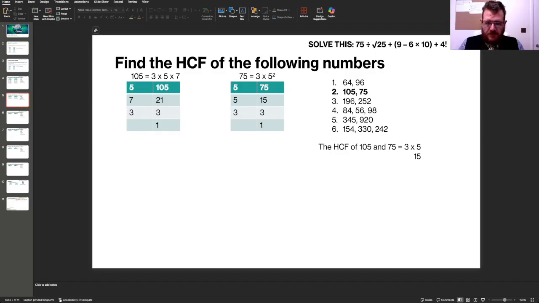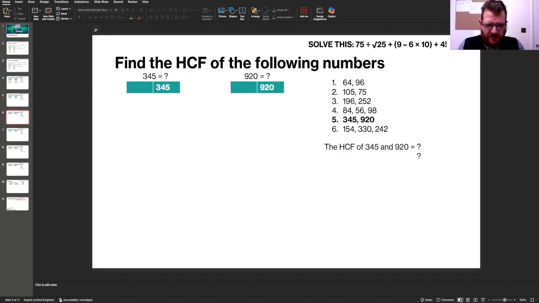The next one, we're looking at 345 and 920. Well, straight away we can see a 5. You can see a 3 in that, which gives you 115. And then we've got a 5 in that, which then gives you 23.